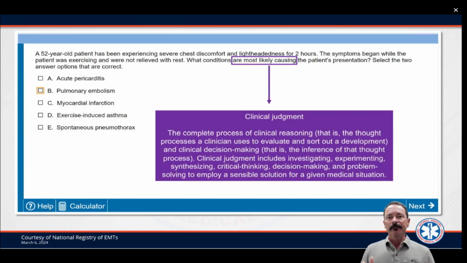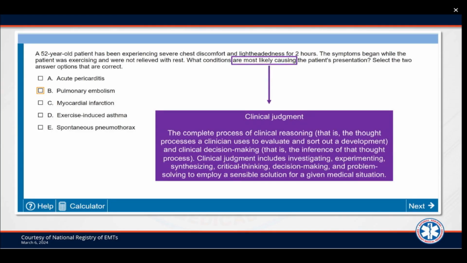So by testing your clinical judgment, they actually boxed this little part of the sentence in there for your clinical judgment that says are most likely causing. Okay, most likely causing. So in that box, it says the complete process of clinical reasoning. That is the thought process a clinician uses to evaluate and sort out a development, and clinical decision making.